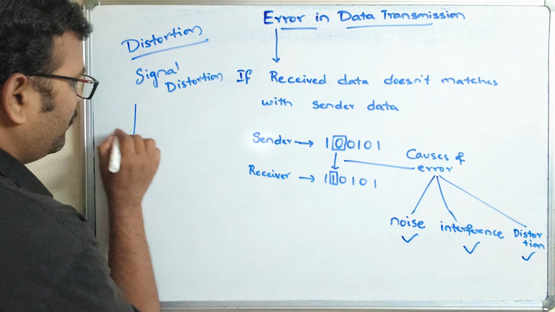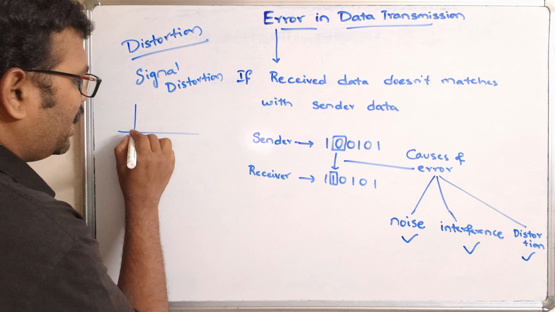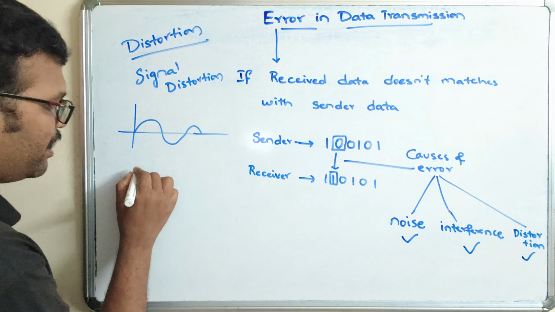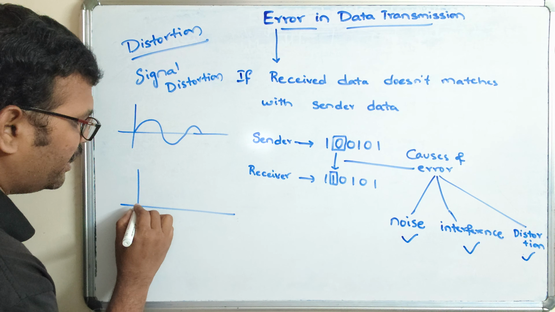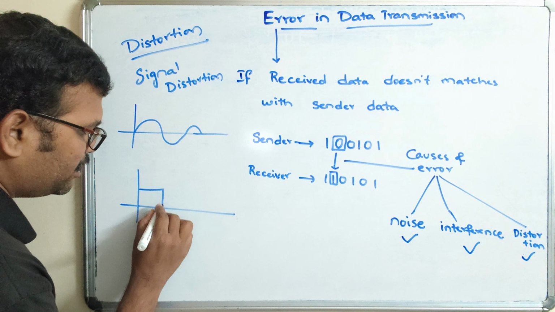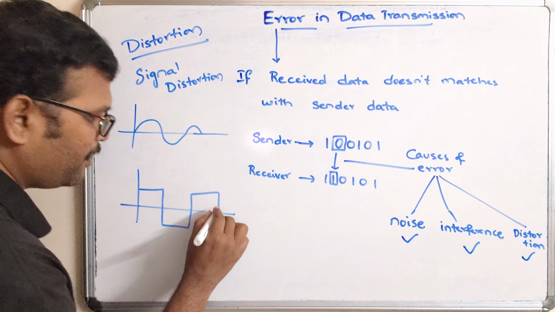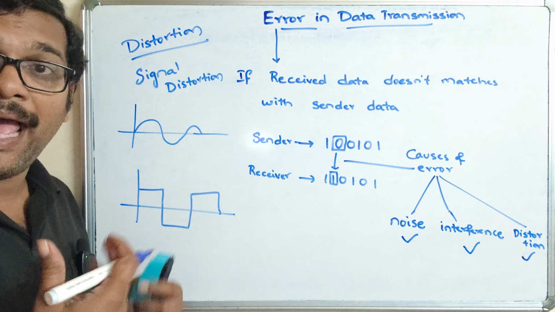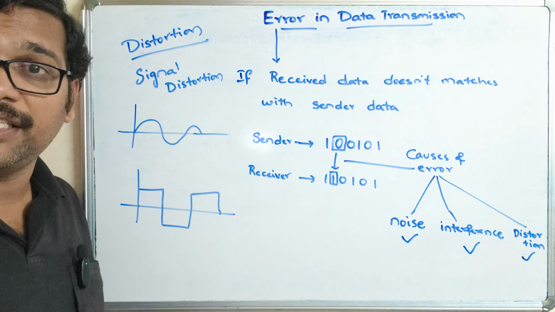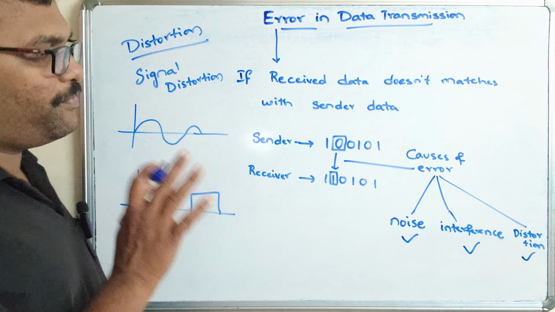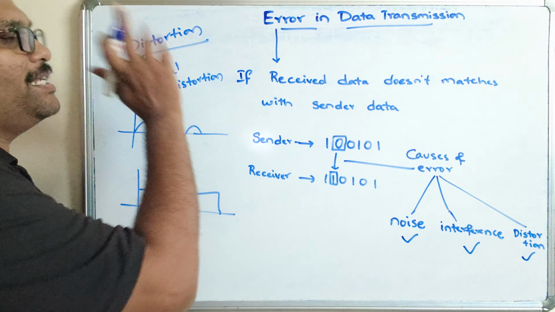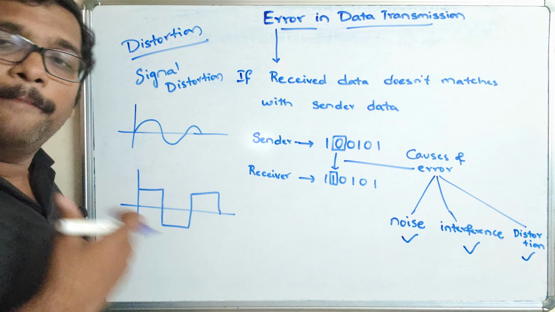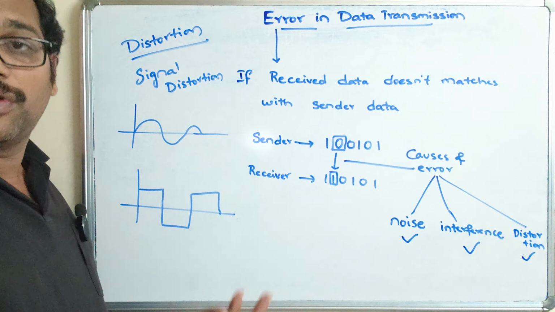For example, if the data has been sent in this way, but during the transmission the data has changed into this form, see, the shape of the signal has been changed, maybe due to the amplitude or due to the frequency.